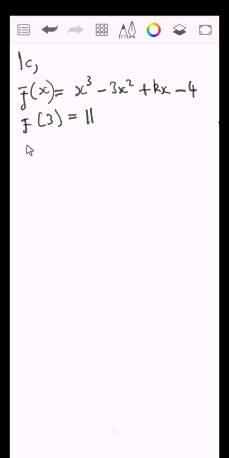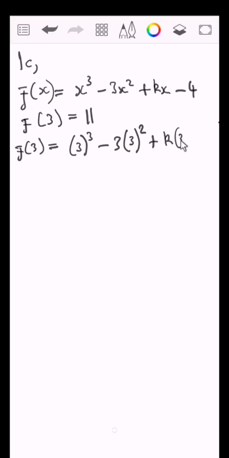Sa equation iyi yakunyorwa iri the function of 3 inenge iri equal to pana x pese pakuenda 3, saka 3 to the power 3 minus 3 then 3 to the power 2 plus k ichimultiply 3 then minus 4. This then is equal to 11 because taudzwa panapa the function of 3 is equal to 11. Saka this expression ina 3 achireplace x inofanirwa kuva equal to 11.